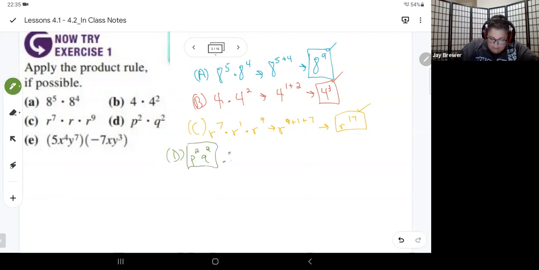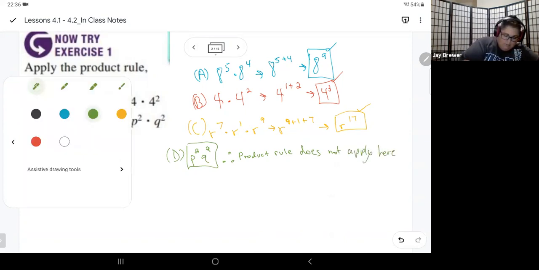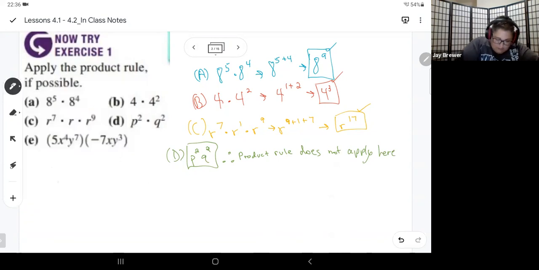You can also say the product rule does not apply here.